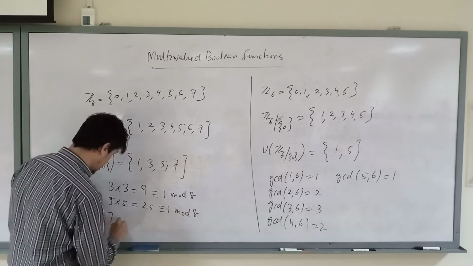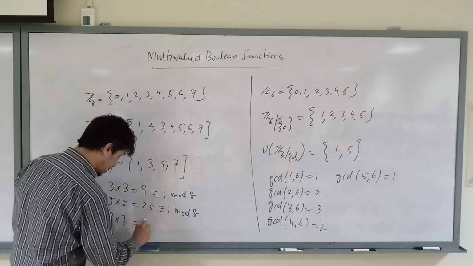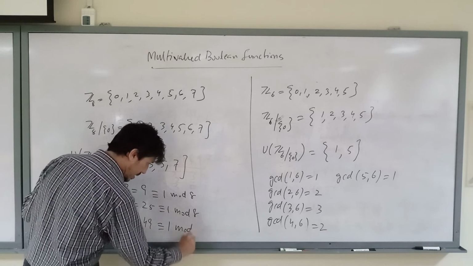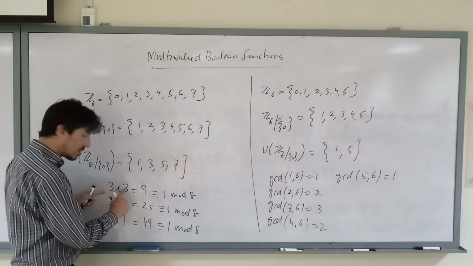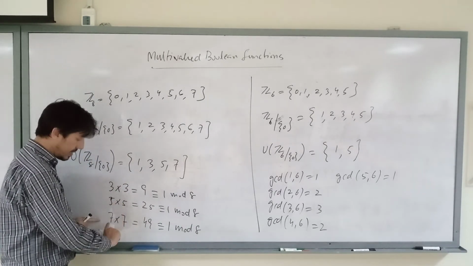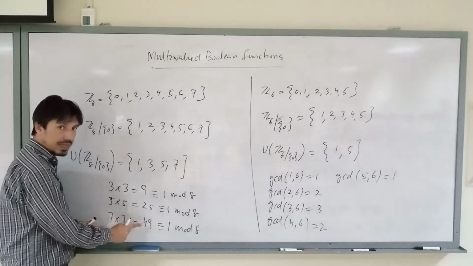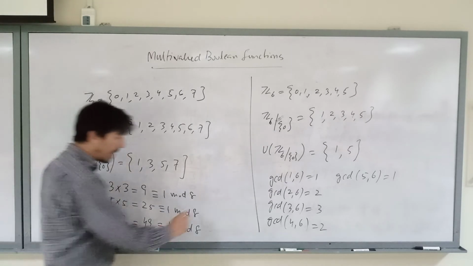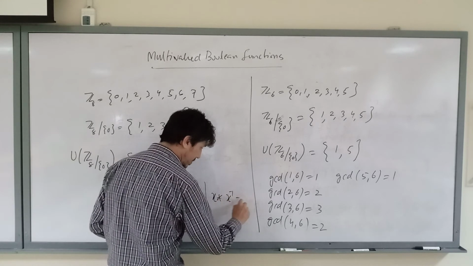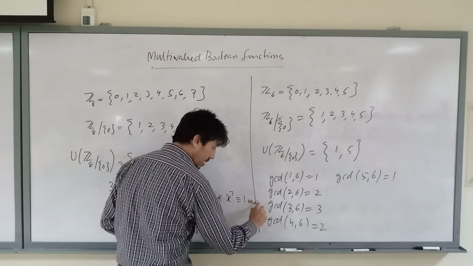And 7 into 7 is 49, which is congruent to 1 mod 8. So the inverse of 3 is 3, inverse of 5 is 5, and inverse of 7 is 7, because we have the property of inverse, and if you multiply, you get 1 under mod n.